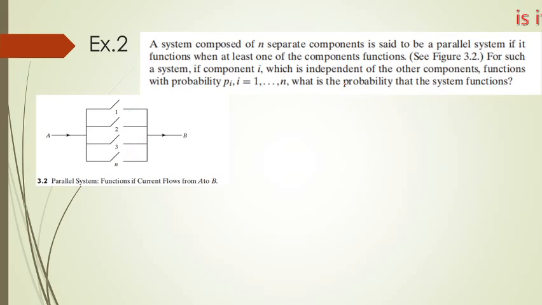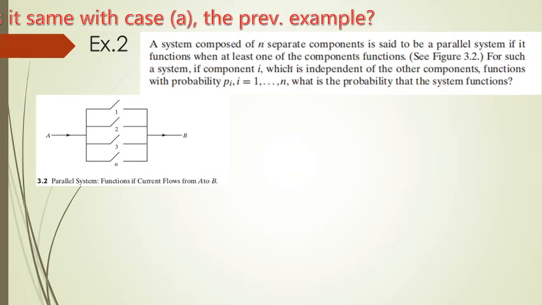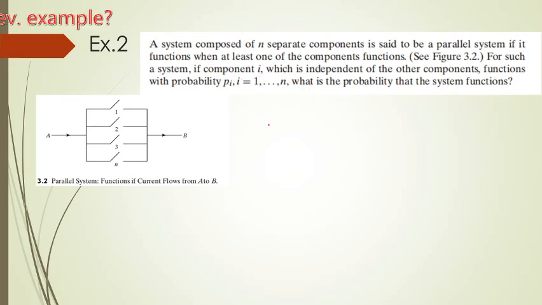So from here, you will understand that, yes, it's the same as case A in the previous example, which means at least one component works, then the whole system will function, right? The function means it works.